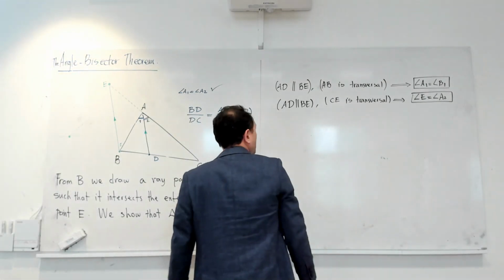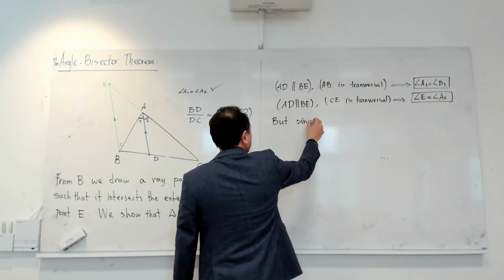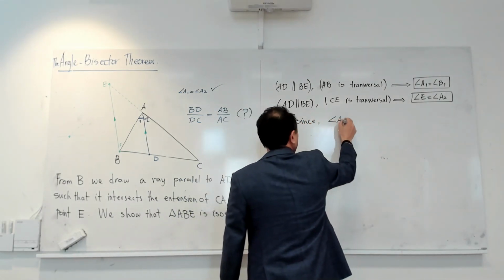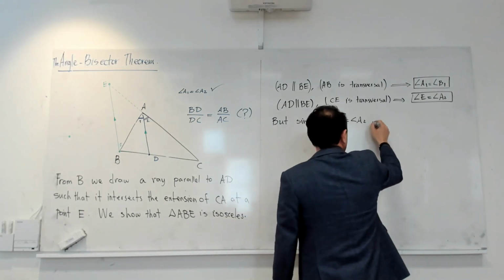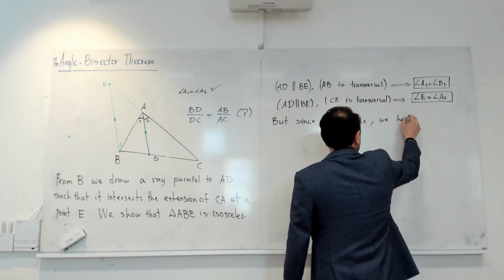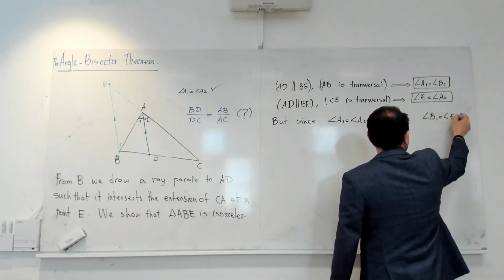Okay? But since angle A1 is equal to angle A2, we have angle B1 equals angle E. Yes, is that understandable?